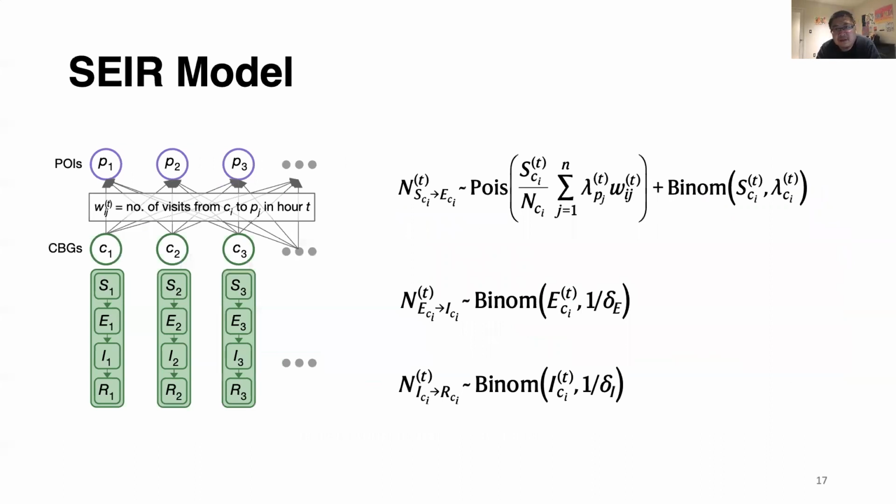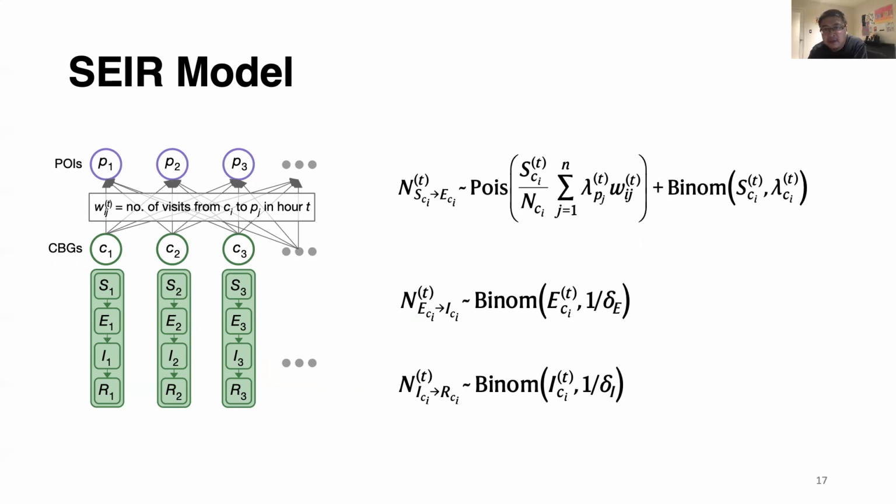And the authors also tried to make use of the mobility network to predict the trend of the epidemic in terms of the number of cases using an SEIR model, and they overlay the SEIR model on those mobility networks.